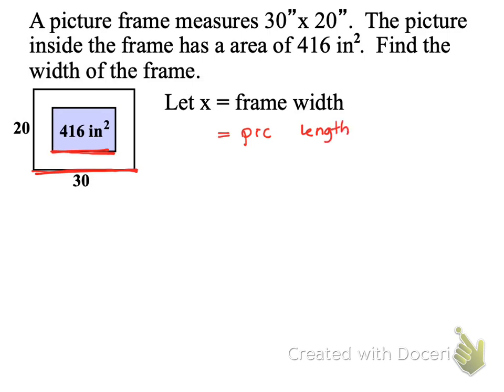So if the whole thing is 30, and what did we say? We're going to call this the width of the frame, X. So that's X and that's X. So what are we going to call just this part right here? 30 minus 2x. 30 minus 2x, exactly. 30 minus 2x.